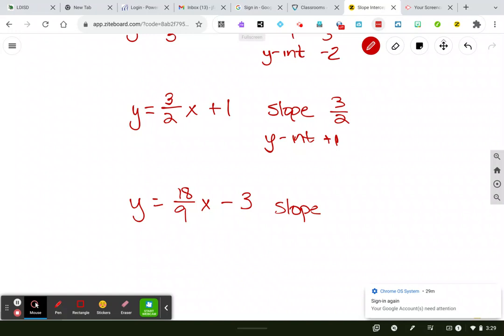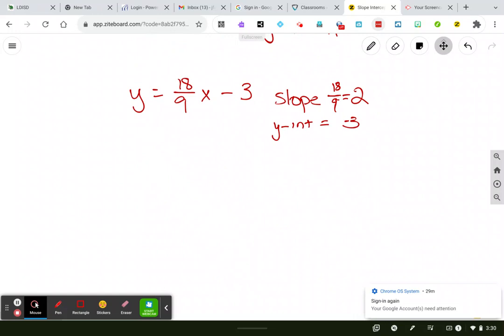Anyway, 18 divided by 9, your slope is going to be 2 because 18 divided by 9 equals 2. And your y-intercept is -3. Okay, here's a couple of examples.